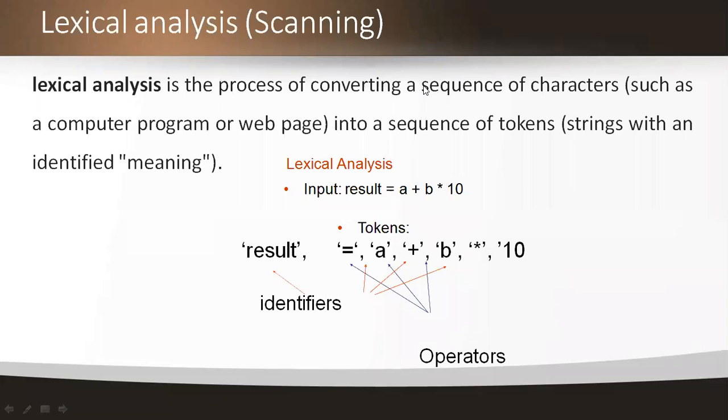That's all. There are different types of tokens, but for a character, we always name the token an identifier.